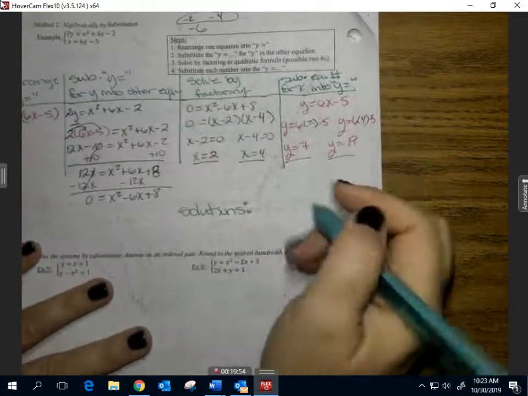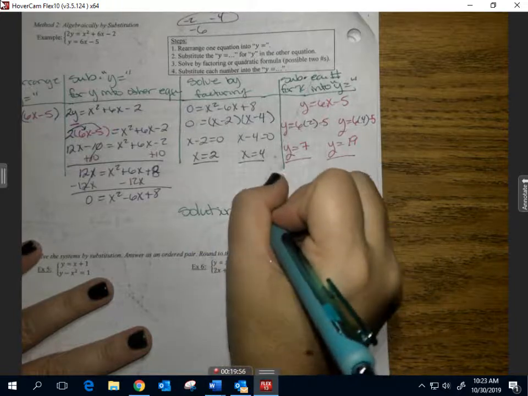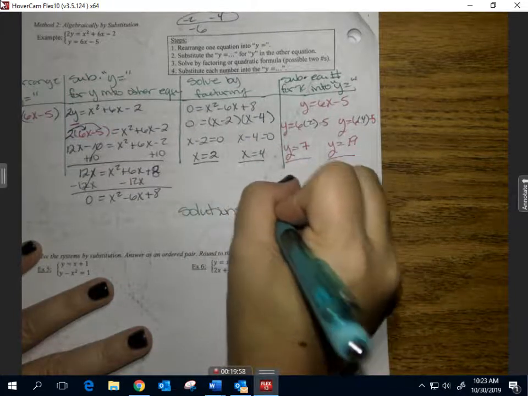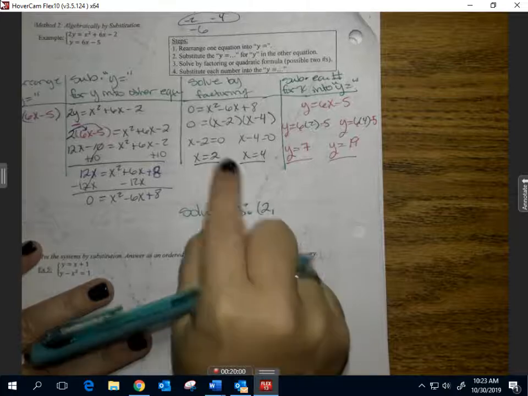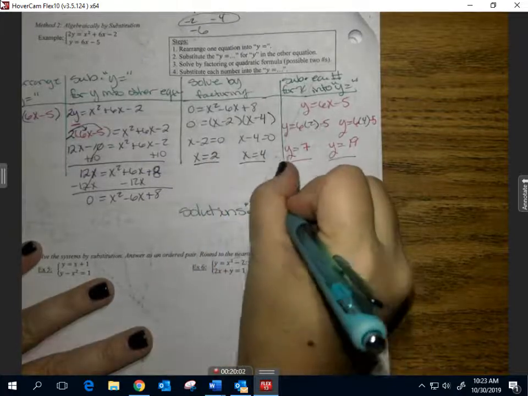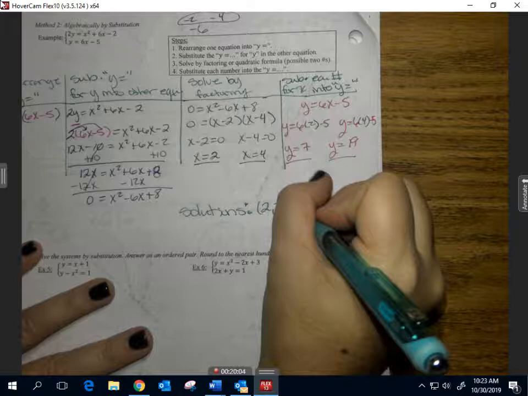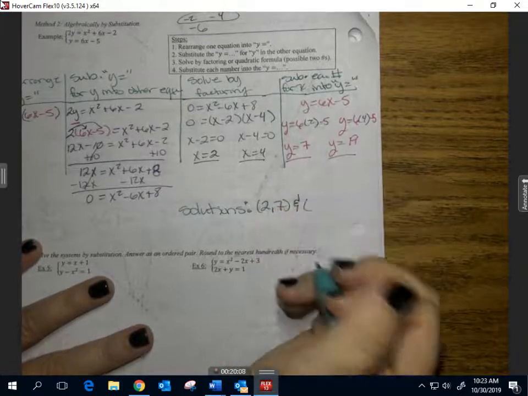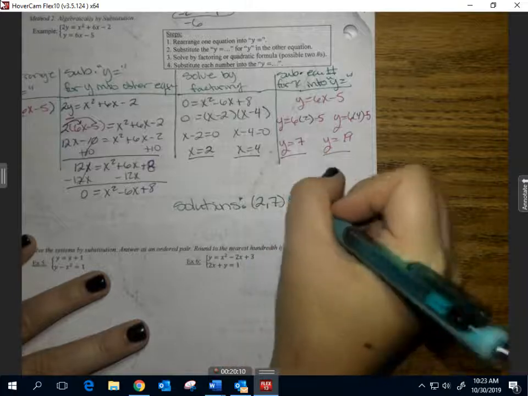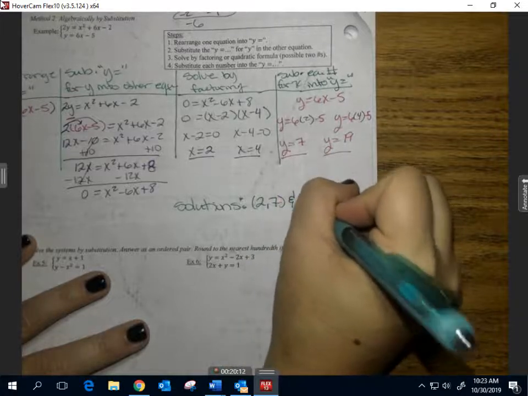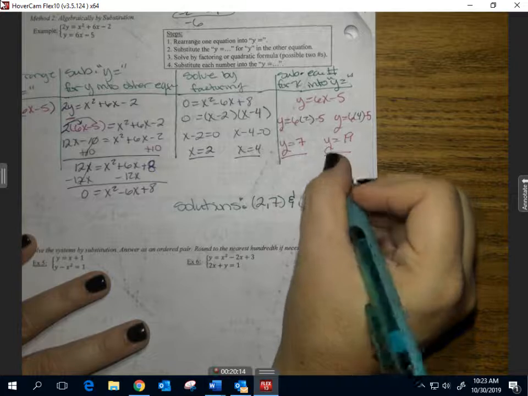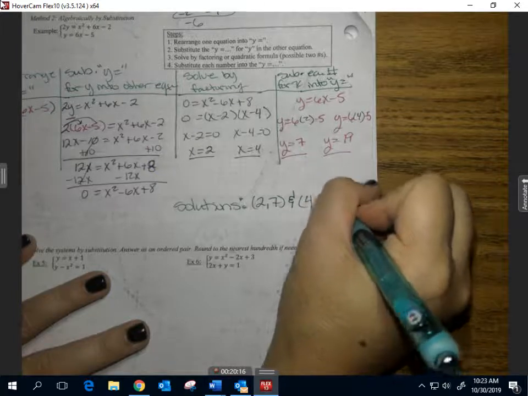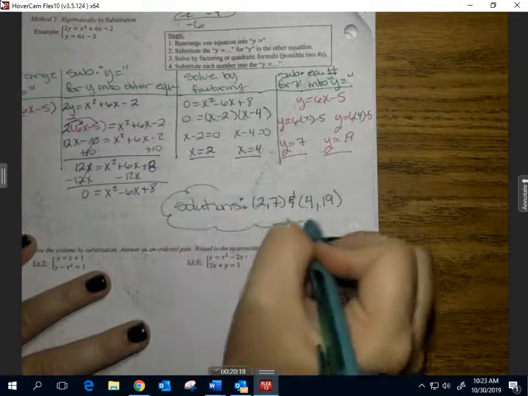My solutions are, so when x is 2, what is my y value? 7. And the other point that they intersect at, when x is 4, y is 19. And those are my solutions.